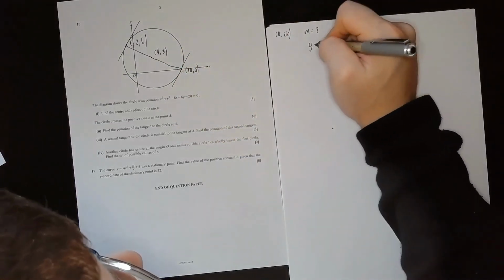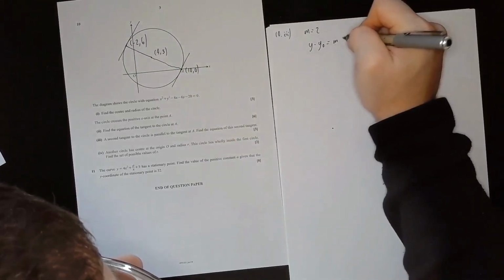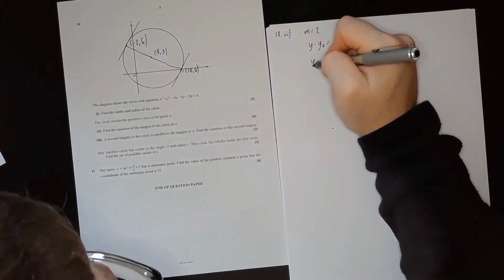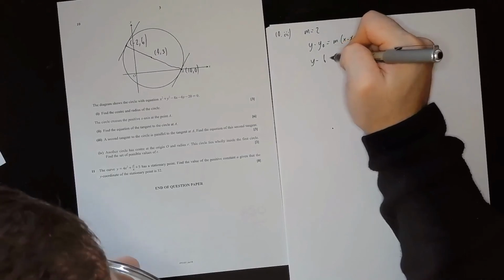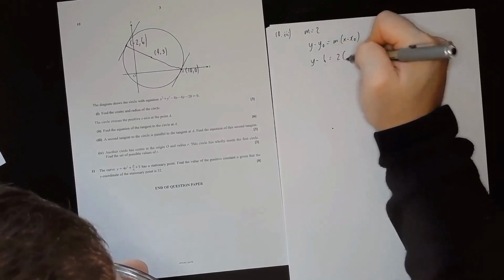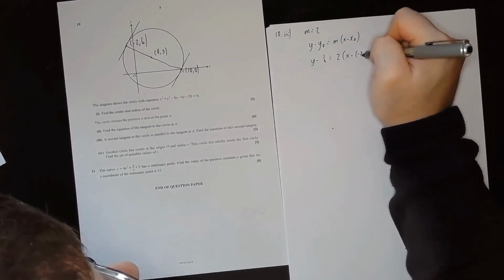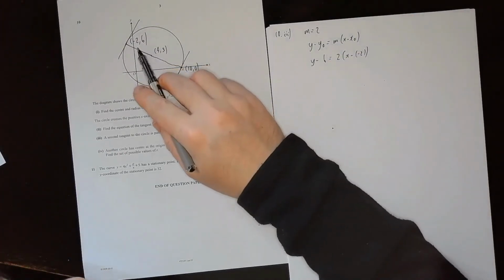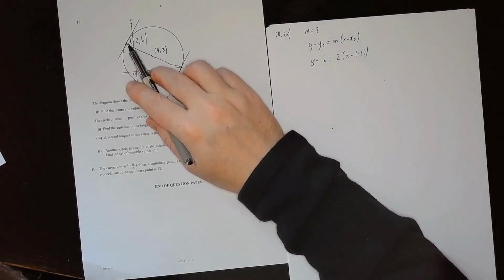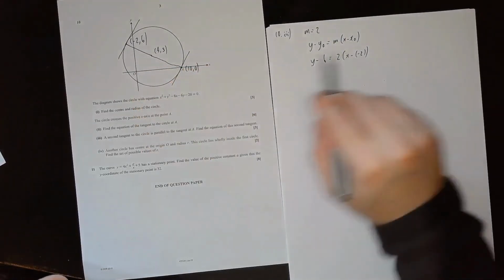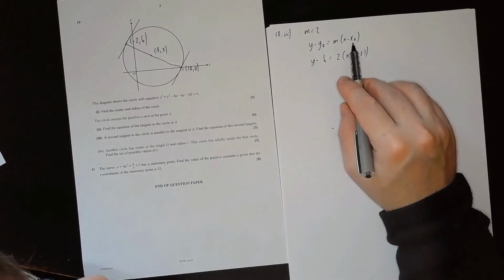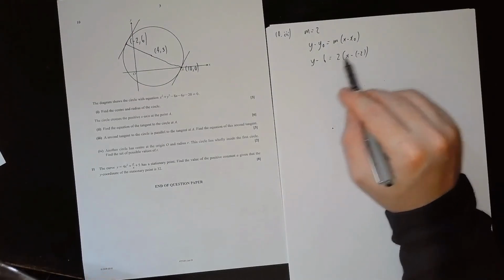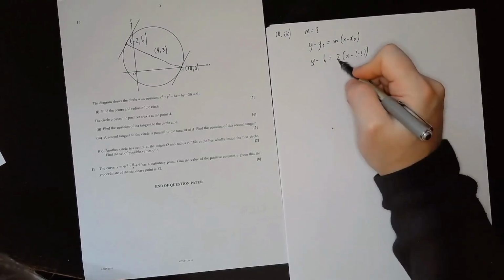So y minus y naught equals m times x minus x naught. So y minus 6 equals 2 times x minus minus 2. That's just substituting in the values: 6 for y naught, minus 2 for x naught, and 2 for the gradient.